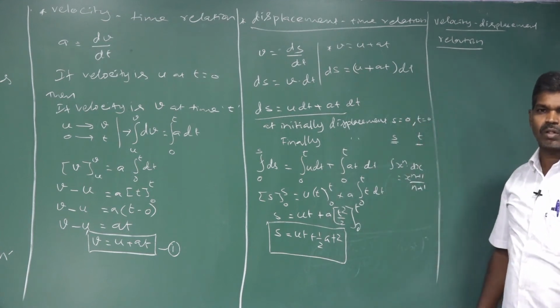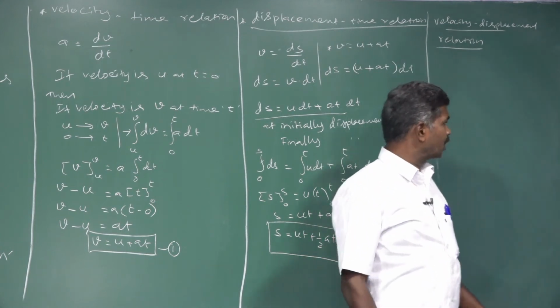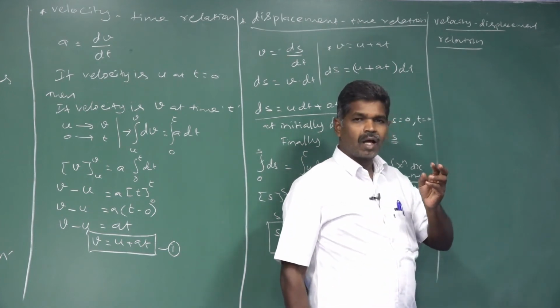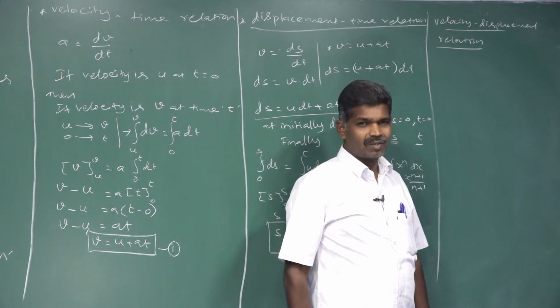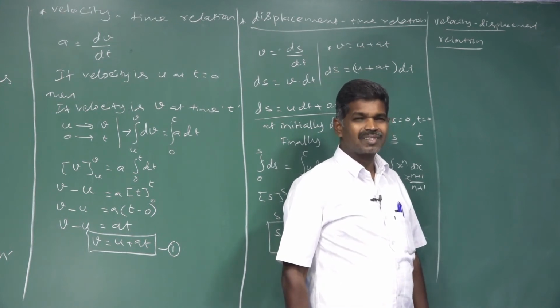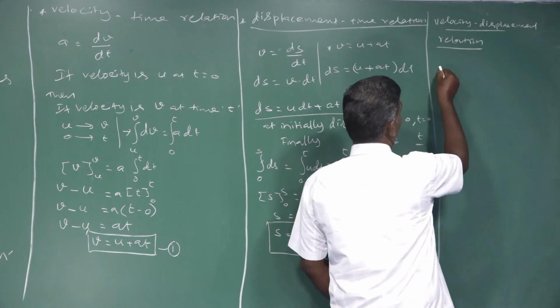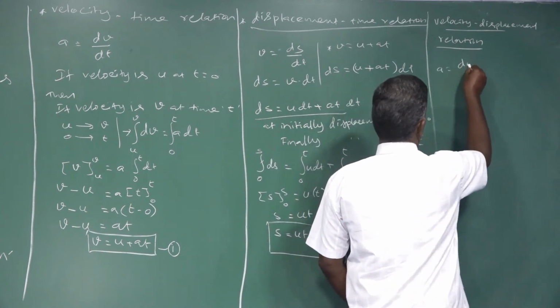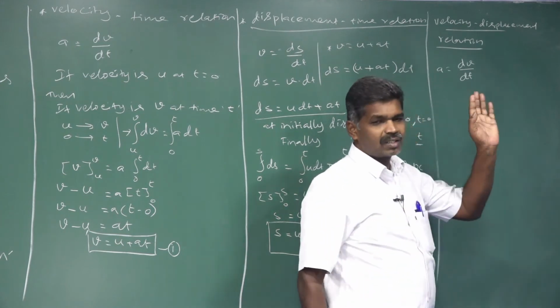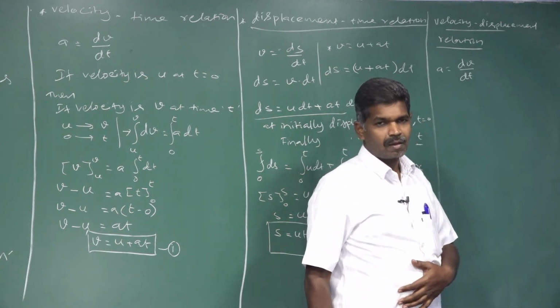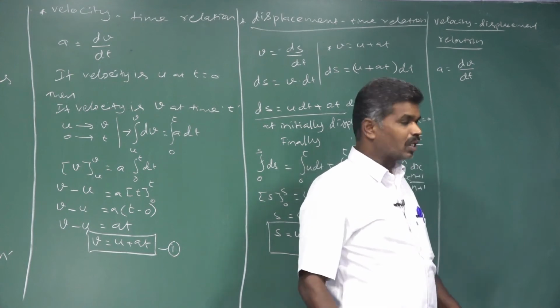Here we are going to take an acceleration equation. The first derivative of velocity with respect to time is called acceleration: a = dv/dt. Instead of the velocity-displacement relation, the displacement is going to be included on the right side.